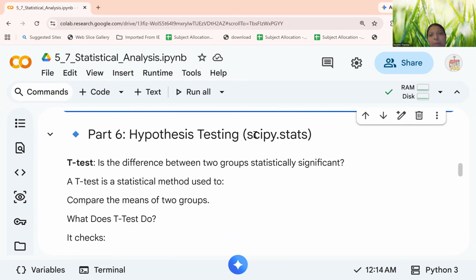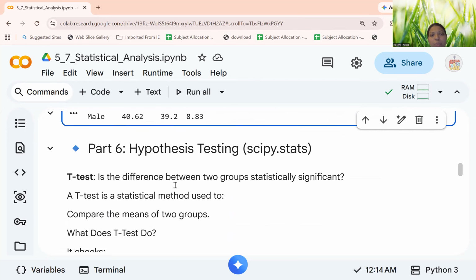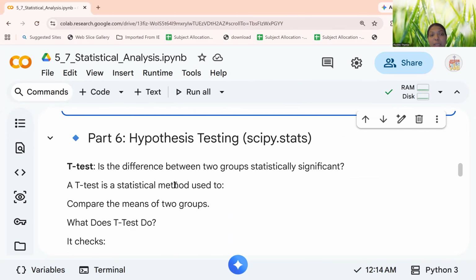From the library scipy, we are going to use the stats module to do the hypothesis testing. So how much the relation is true, and whether there is any randomness, is found by using this. So we are going to find the t-test and p-value. The t-test is the statistical difference between two groups.